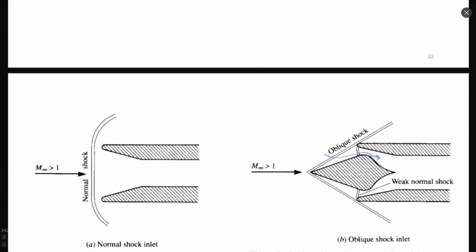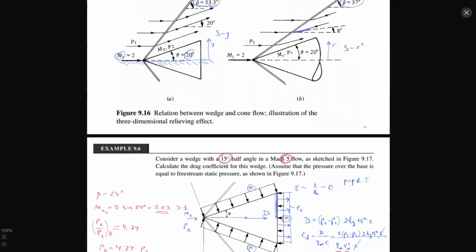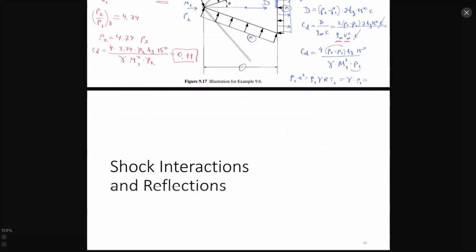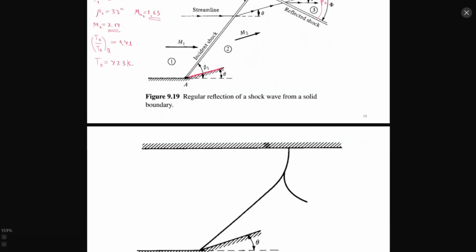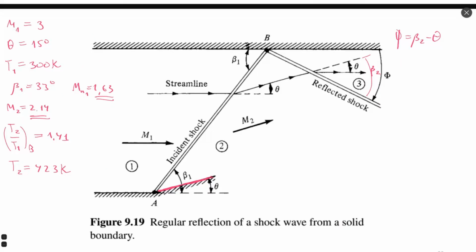If we need an exact value, we solve the theta-beta-M equation. If we need an approximate value, we just use the diagram. So beta 2 is 42, and phi would be 42 minus 15, which is 27.